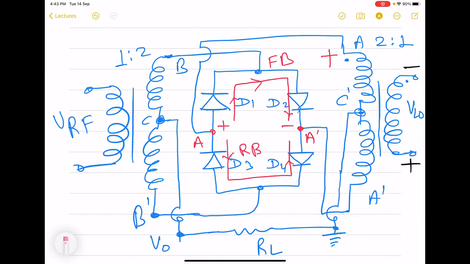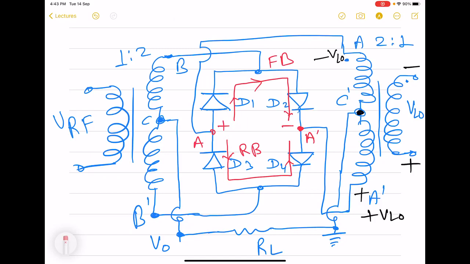So that means A dash is now going to be at higher voltage compared with A. In fact, if A dash is plus VLO, then A is going to be minus VLO, because the center of the secondary C dash is grounded. So that is why A and A dash will always be of the same magnitude but opposite polarity.